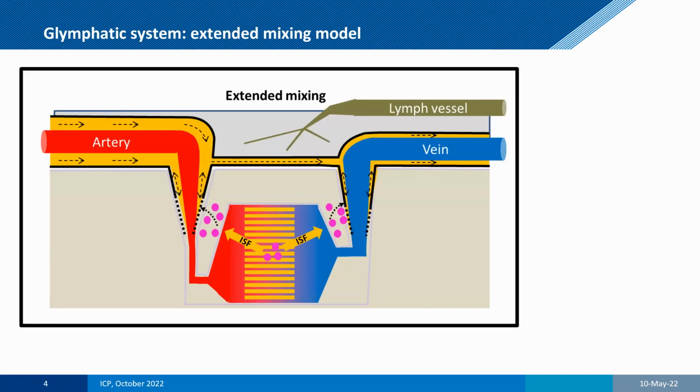And it was already very nicely introduced by Hélène that there are a little bit different viewpoints at the moment on how such a lymphatic system works, although in most aspects they are similar.